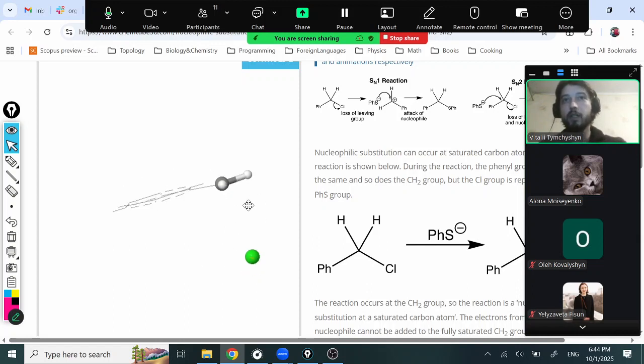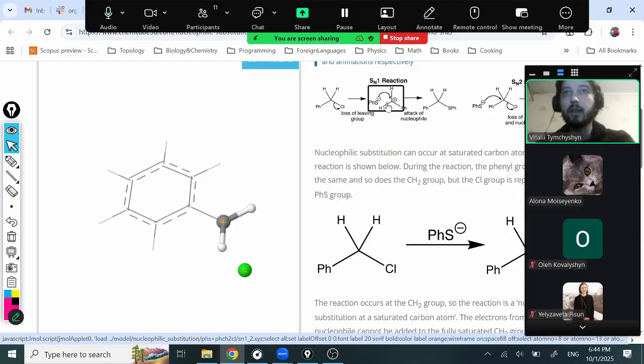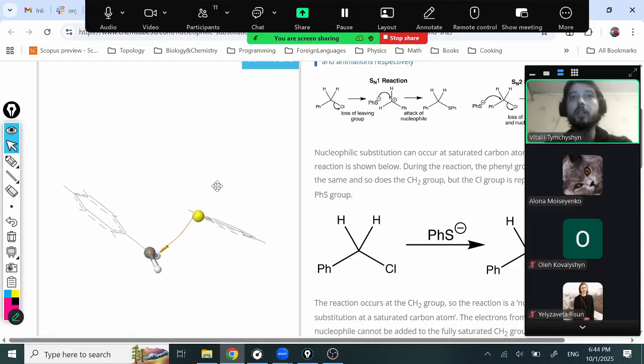So at the moment it leaves, we have a really nice reactive compound that has a plus charge on the carbon atom, and this carbon atom can be attacked with the nucleophile. Let's look at that. So here's our nucleophile.